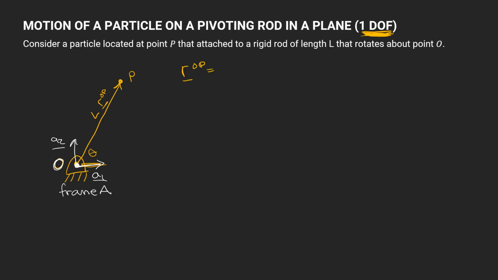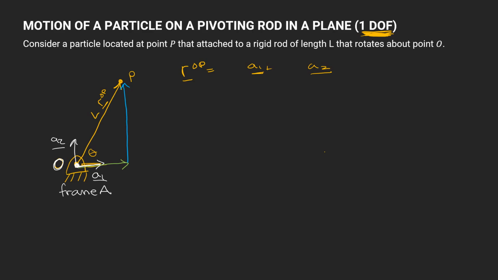We need to define this vector in the 2 directions of our reference frame, A1 and A2, in the direction of these 2 unit vectors. This is exactly what we did in the last example. So we have here our A1 component of our position vector, and here we have our A2 component.